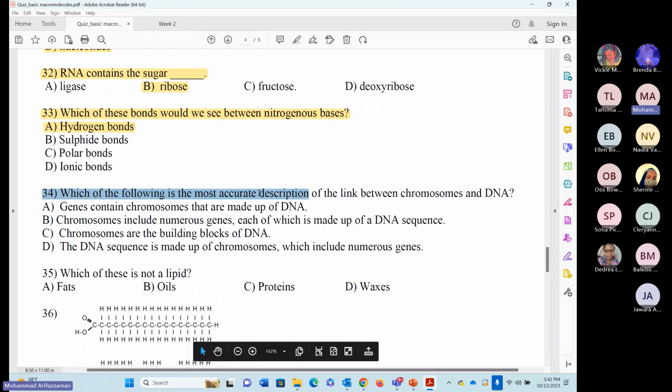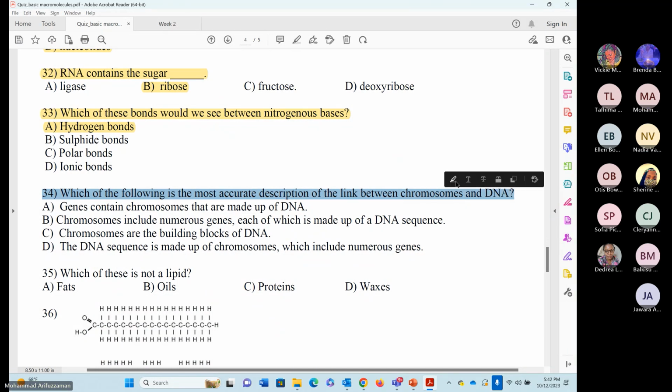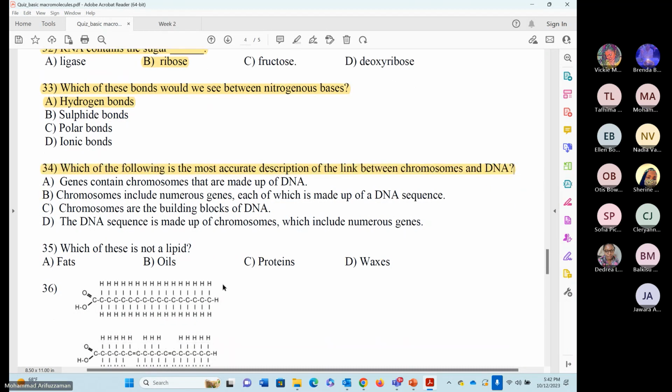Which of the following is the most accurate description of the link between chromosome and DNA? Is it C? No, chromosomes are not the building block. Is it A? Is it B? C is the correct answer. Chromosomes include numerous genes, each of which is made up of DNA.